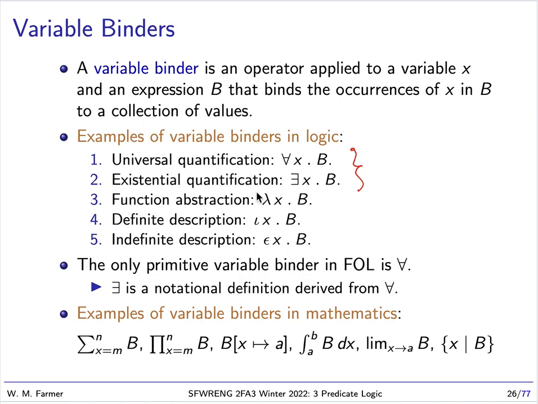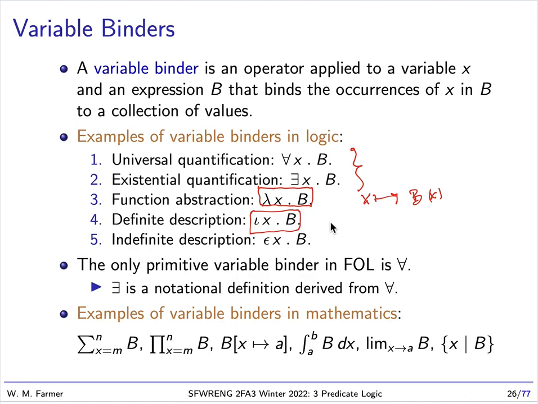Something of this form denotes a function that maps x to the value of B at x. So that's function abstraction. Another example is definite description. Definite description denotes the value that uniquely satisfies B. So B is some statement about x, and this expression denotes the unique value that satisfies B.